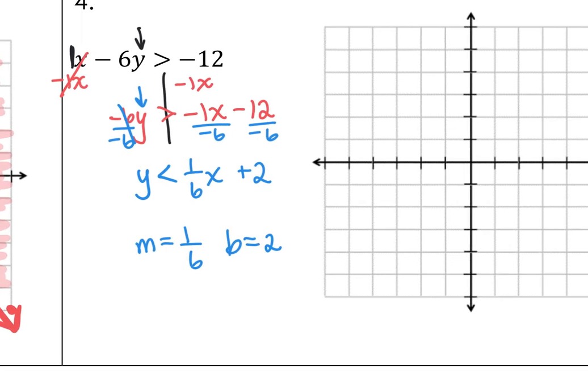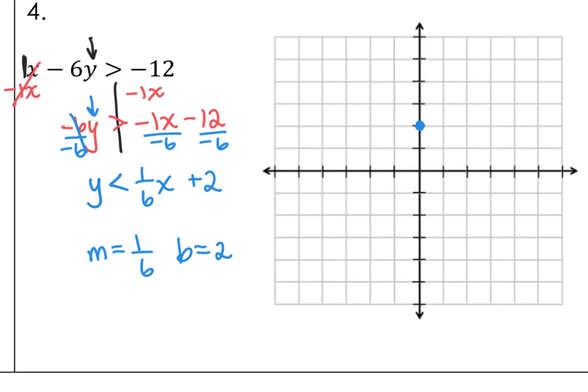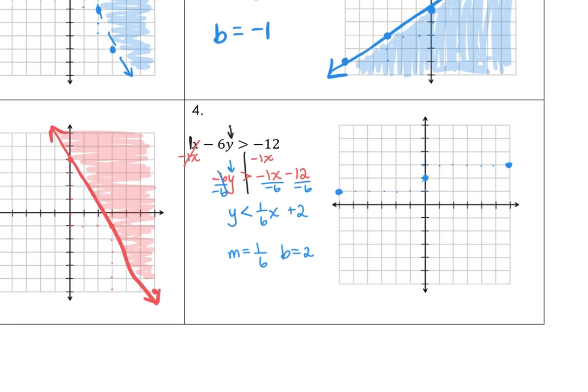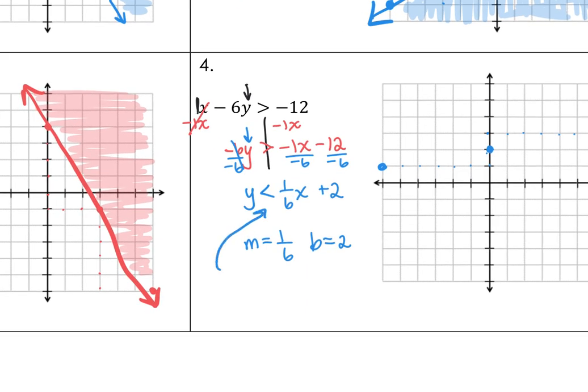So we'll put that first point on 2. And then from there, we can go up 1/6 to the right. Or we could go down and left. We are going to check out this inequality sign.